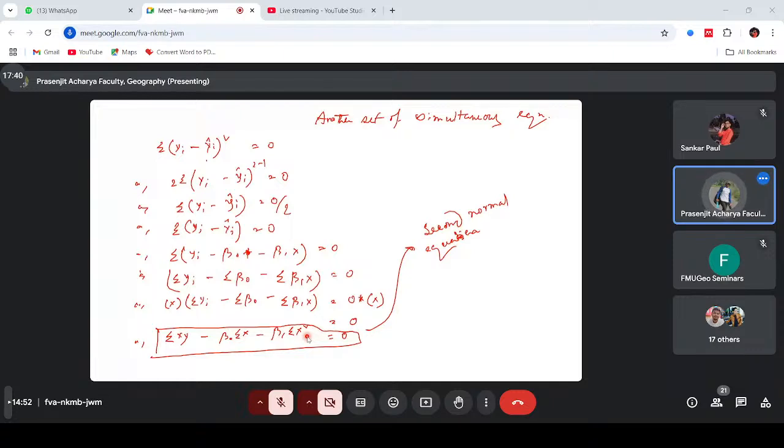And that gives me y bar minus beta 0 minus beta 1 x bar. That suggests that if you know beta 1 from the previous two auxiliary equations, we just plug it here and we get beta 0. So that's the mathematical idea of deriving the two coefficients from the auxiliary functions.